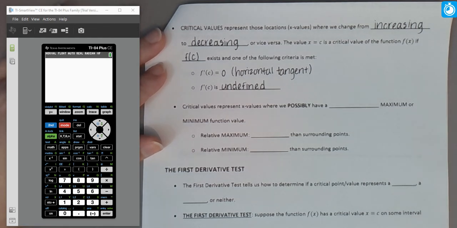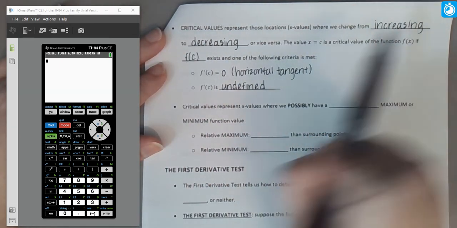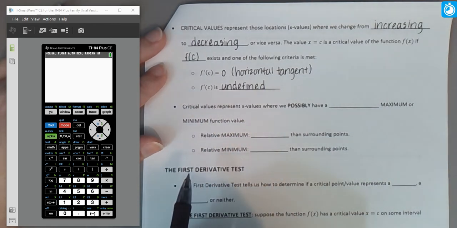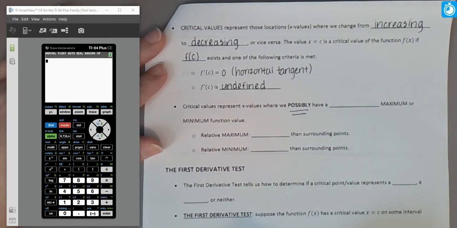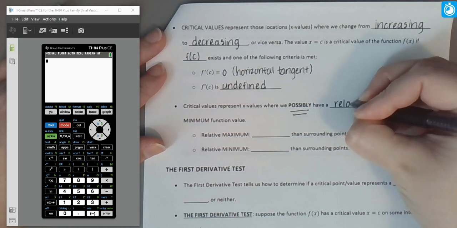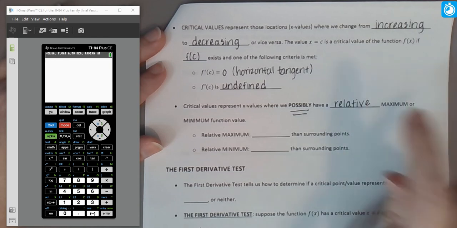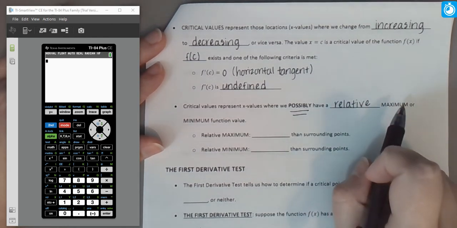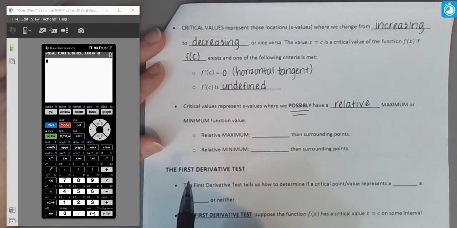Well, critical values, again, they'll tell us where we change from either increasing to decreasing or vice versa, but they also represent locations where we possibly, I'm going to underline that, that's important, where we possibly have what we call a relative maximum or minimum value. Relative as in relation to the points around it. So a maximum in relation to the points around it, or a minimum in relation to the points around it.